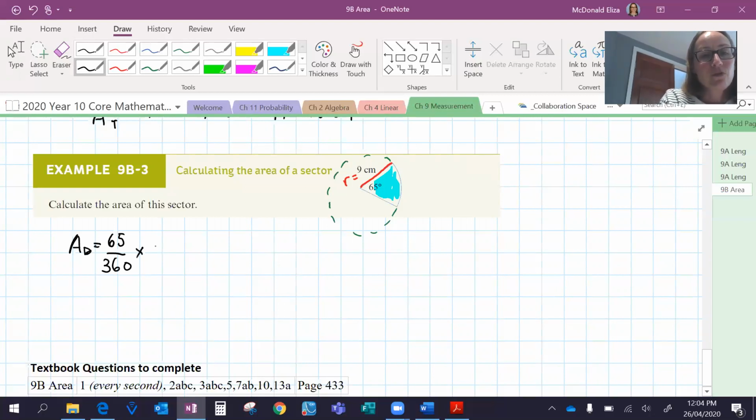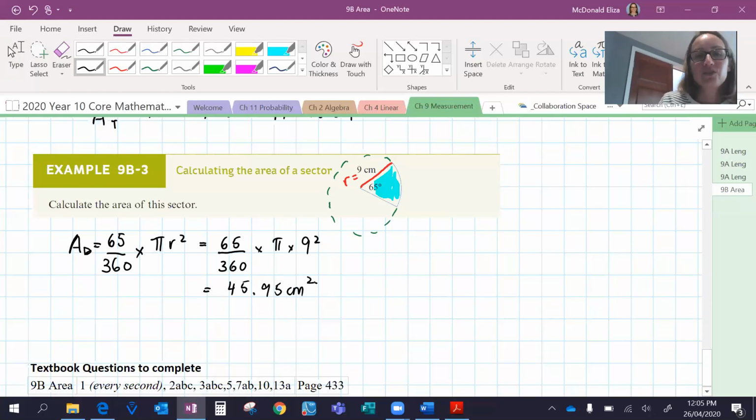So we use our formula, which would be pi r squared. So if we substitute numbers into here, we end up with 65 divided by 360 times pi times 9 squared. And if we put all that into our calculator, we end up with a sector area of 45.95 centimetres squared. Don't forget the centimetres squared.